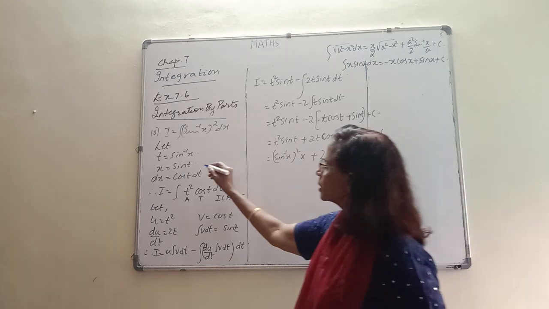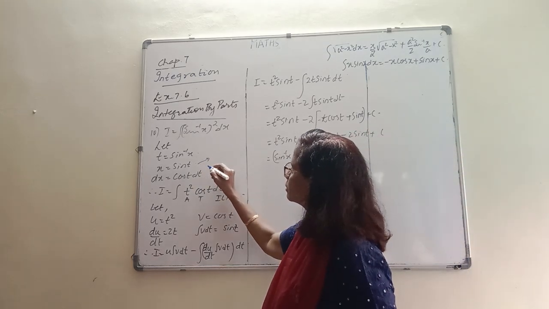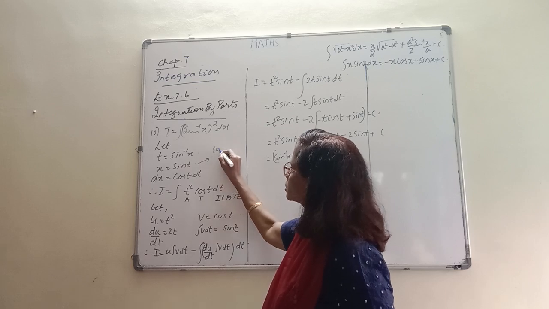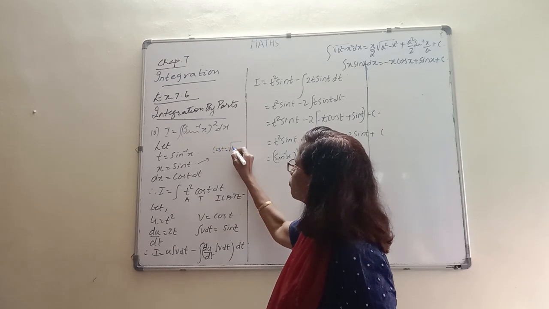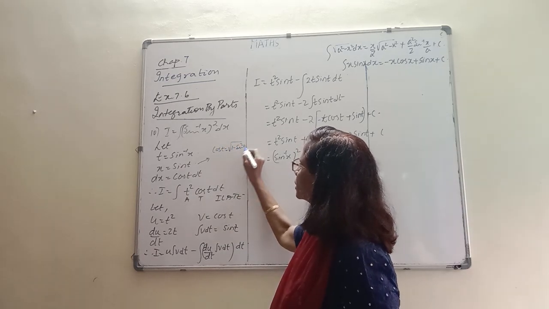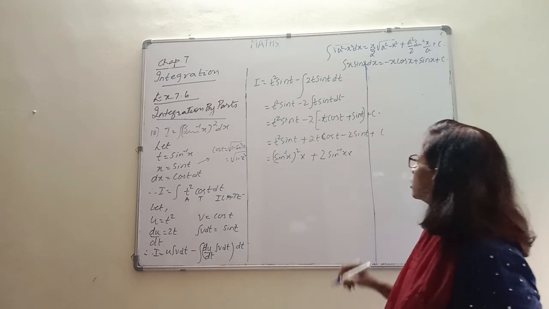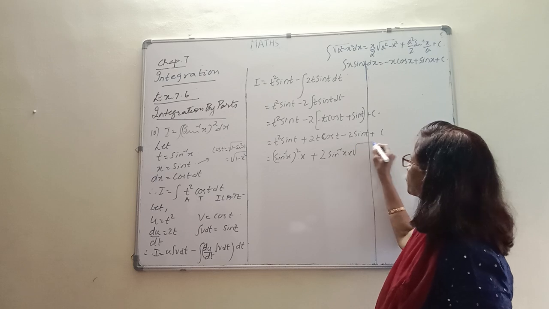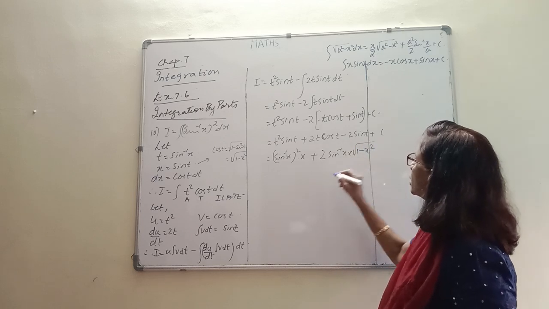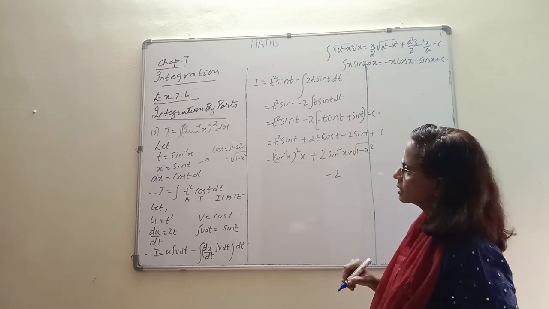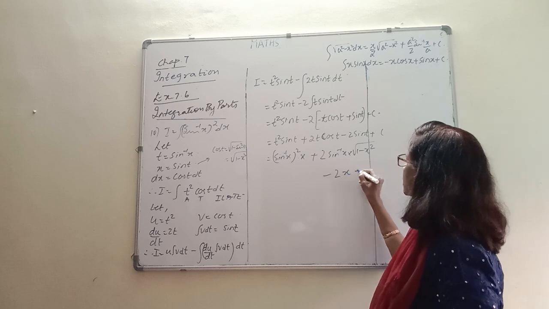So let's take it from here. See, we know that cos t is root of 1 minus sine squared t by identity. So that way it will be root of 1 minus x squared. So let's take it like that. 2 sine inverse of x times root of 1 minus x squared, minus 2 sine t, that means minus 2x, plus c.